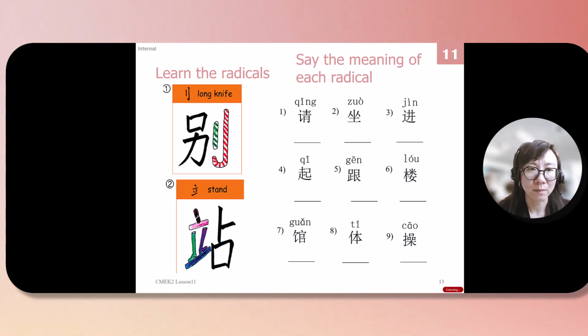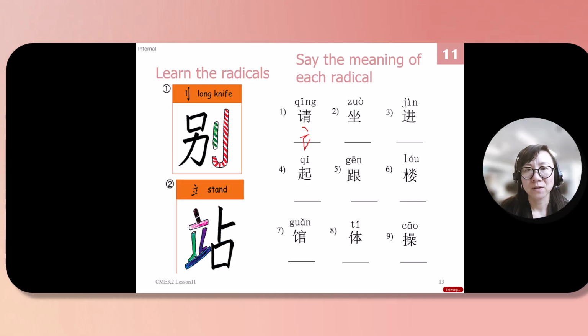So I'm gonna use a pen to circle out the radical and let you think about and say out the meaning of the radical. So for the character in number 1, 情, can you figure out the radical? All right, so the radical is this.